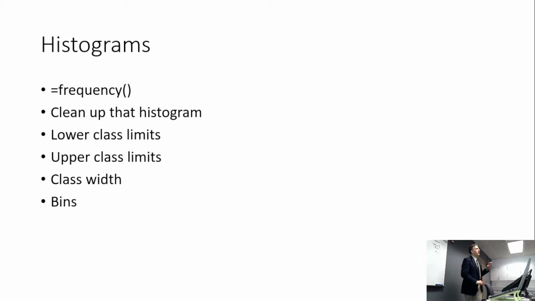Also, if you follow the instructions that they give you for making a histogram, it's not the same as what we just did, and it's okay, but the stuff that they want you to do does not work on the web version of Excel. That's why I wanted to use this method of using equals FREQUENCY rather than using the Data Analysis ToolPak. So my apologies if you got stuck. Hopefully we'll pick up the pieces as we move forward and get used to using Excel.